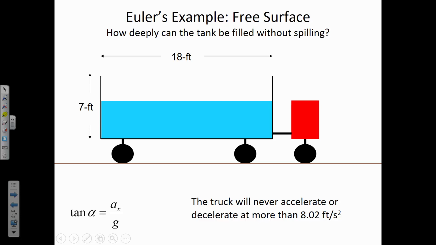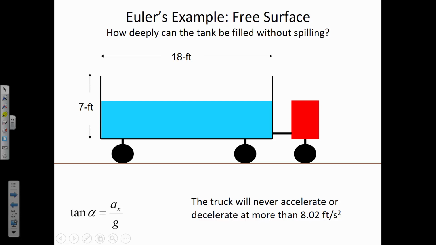So what is the liquid depth so that it never spills. So when it's accelerating, if it's more full than that, it's going to form some angle here, alpha. And if it was more deeply filled, then it would start to spill out. So there's some maximum depth that it can be filled.